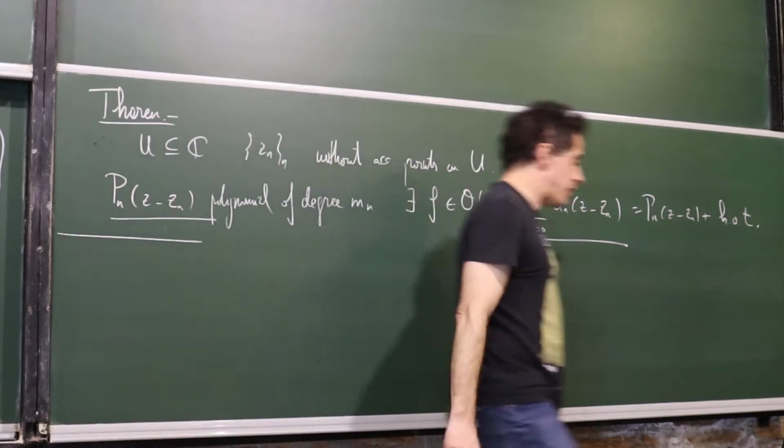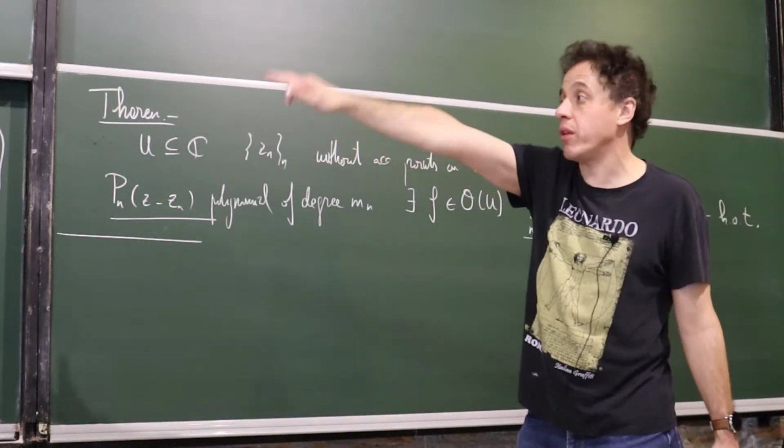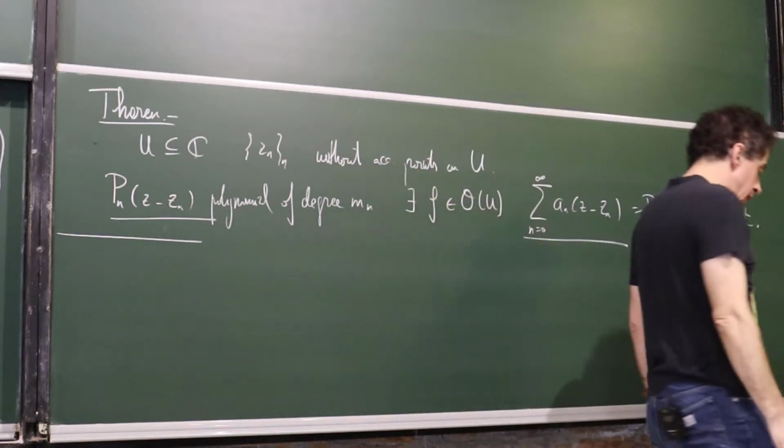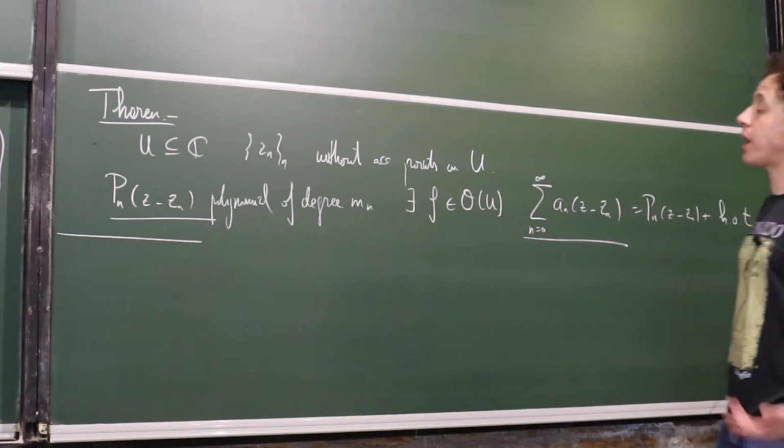Well, this theorem is quite easy, assuming the previous results. Using the previous results, we're going to see this theorem is reasonably easy. So, how can we prove that?